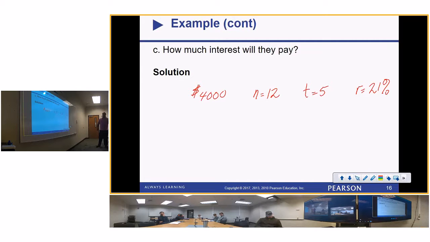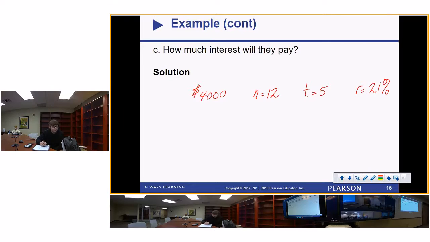Am I exaggerating with that 21%? Hell no. When you get a credit card, as soon as you start charging, that interest rate goes up. All right, now I want y'all to calculate it.